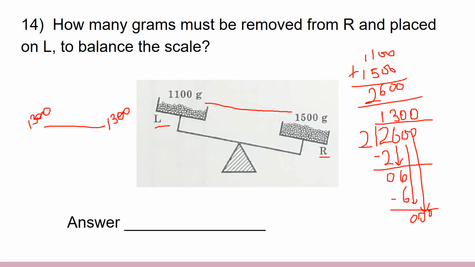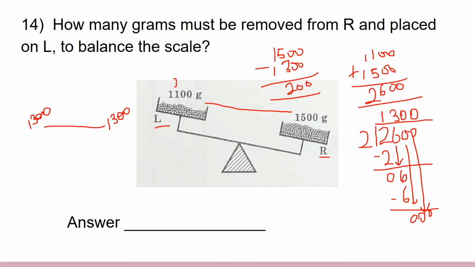In order for that to happen, we must subtract. Let's go to R, which is very heavy right now. It's 1500. We have to subtract 1300 from 1500, and we are going to get a difference of 200. So it means that 200 has to be subtracted from 1500 to be placed here.